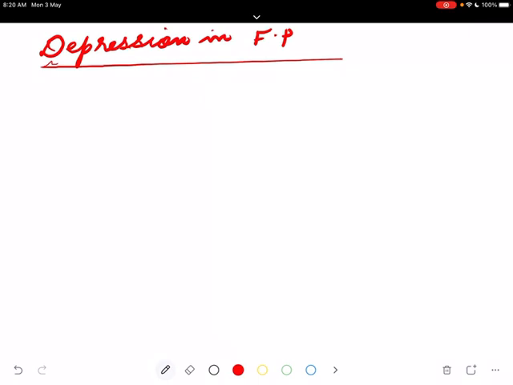Freezing point of a substance is defined as the temperature at which vapor pressure of a substance in liquid phase and in solid phase become equal. So, freezing point means when both the vapor pressures, of the substance in liquid phase and in solid phase, become equal.